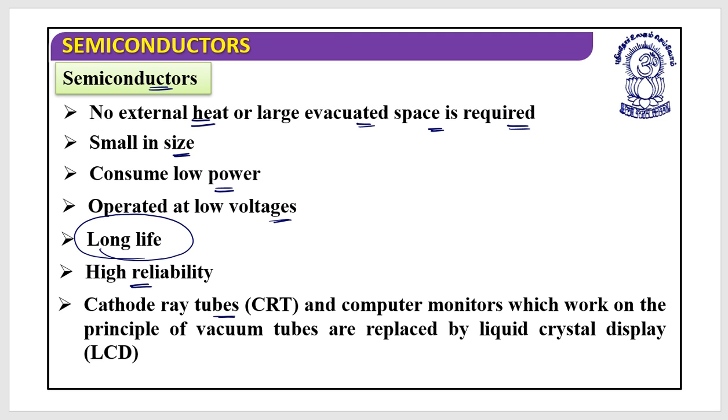CRTs, the cathode ray tubes in computer monitors, which work on the principle of vacuum tubes, are now replaced by the liquid crystal display, the LCD. Nowadays even LCDs are no longer common in our homes; we have LEDs, light emitting diodes, as well as plasma TV, and now we have moved beyond even LEDs and plasma.